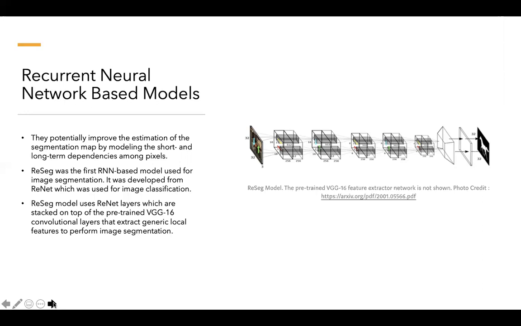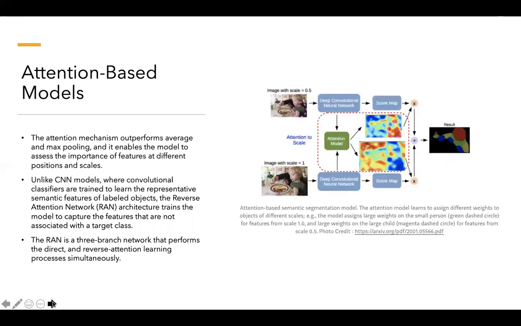The ReSeg model uses ReNet layers, which are stacked on top of pre-trained VGG16 convolutional layers that extract generic local features to perform image segmentation. The diagram shows the ReSeg model. The pre-trained VGG16 feature extractor is not shown here, but it's stacked. The ReNet layers are stacked on pre-trained VGG16 convolutional layers.